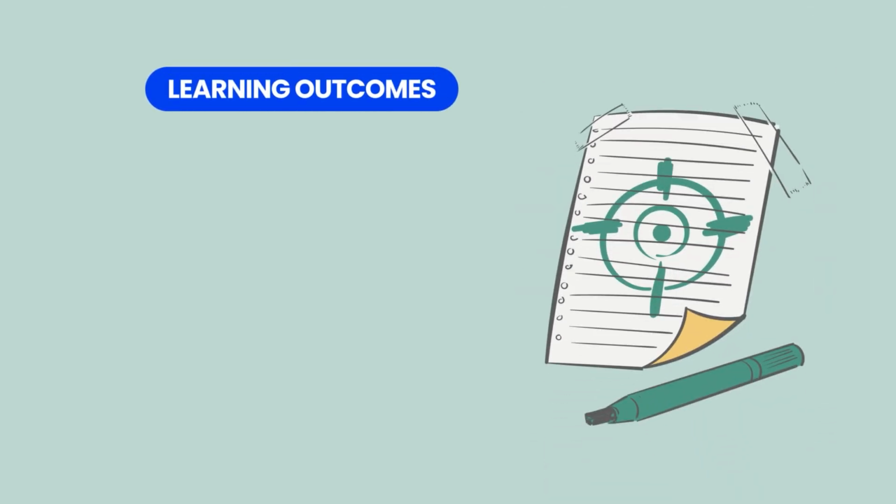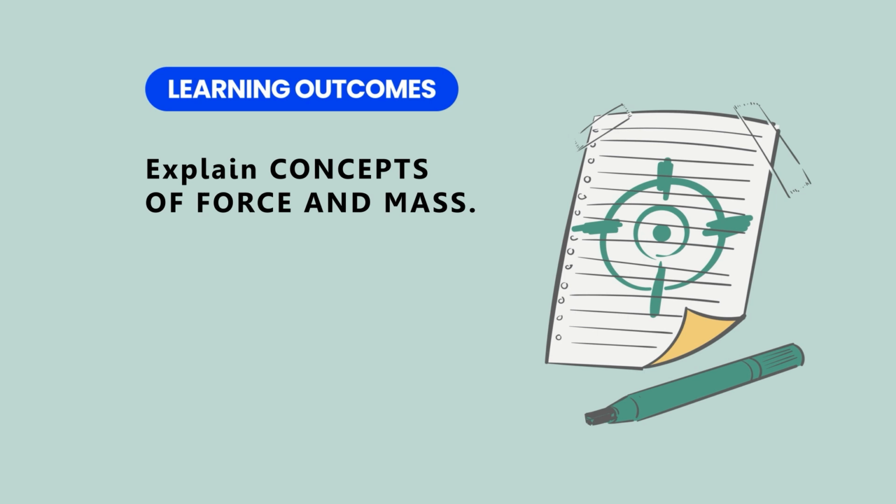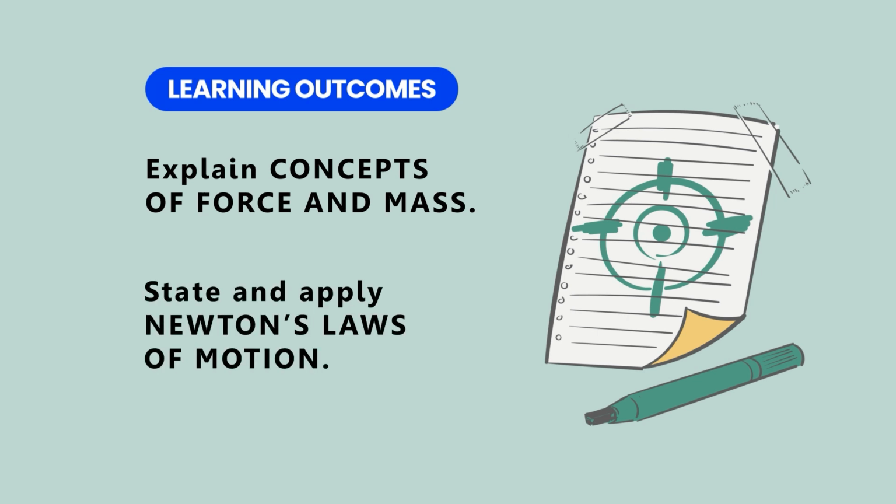Now, the learning outcomes for that particular unit are mainly explanation of the concepts of force and mass. You should learn very well the concepts of force and mass, which I'll be dealing with here, and state and apply Newton's laws of motion.